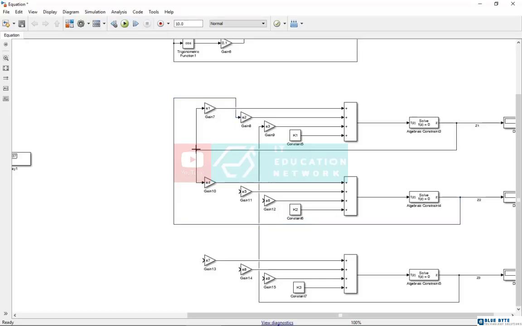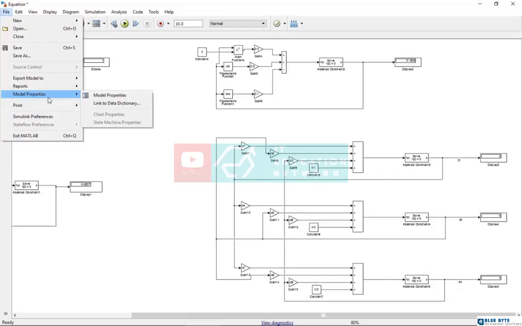Now here A4 was for Z1, A5 to the Z2, A6, Z3, A7, Z1, A8, Z2, A9, Z3. Now we should just enter the constant amounts.